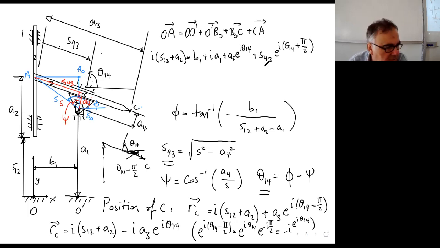But we can write this as i S43 e to the i theta 1/4. So this is our loop equation.